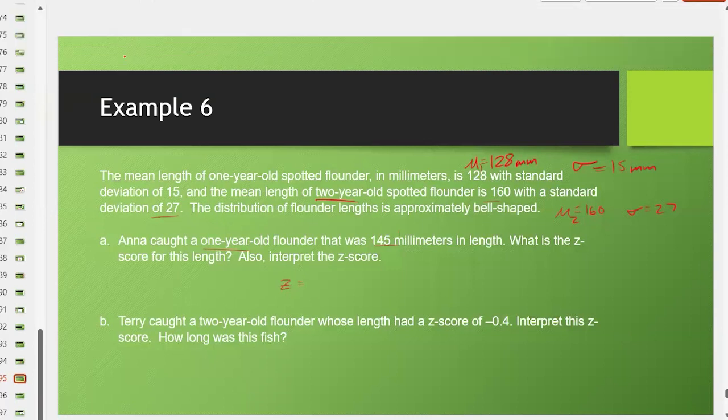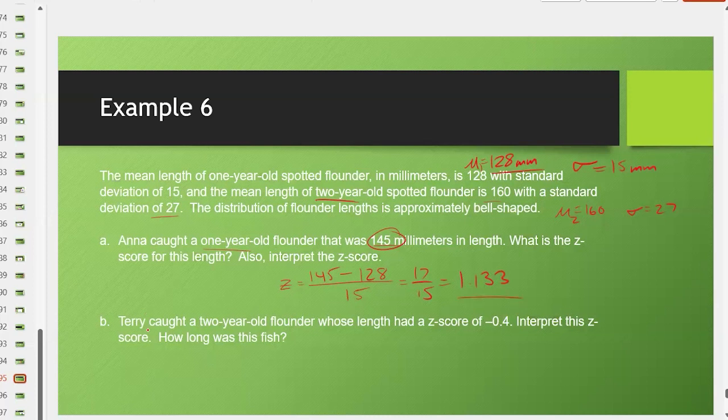We caught a flounder that was 145 millimeters, minus the population mean for a 1-year-old flounder, which was 128, divided by the standard deviation, which is 15. 145 minus 128 is 17, divided by 15, for a z-score of 1.13, or 1.133, however you want.